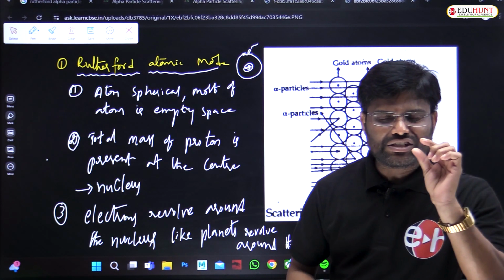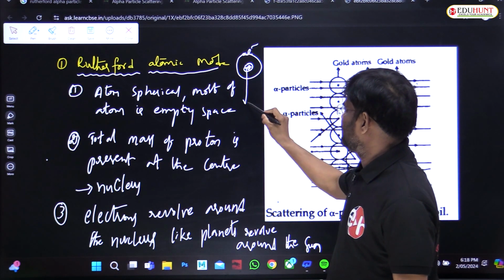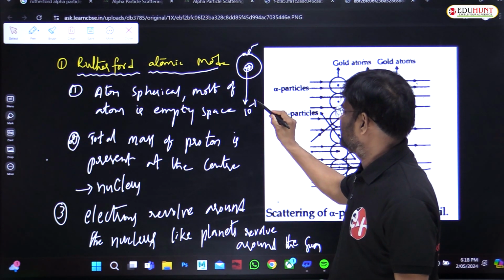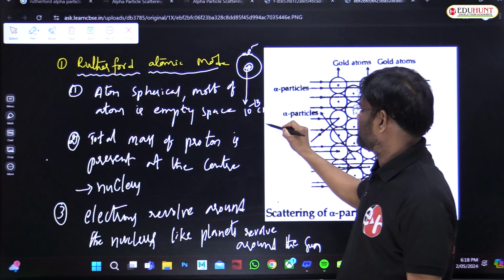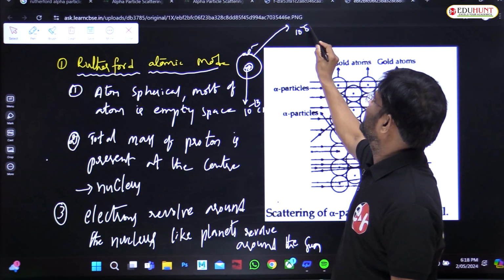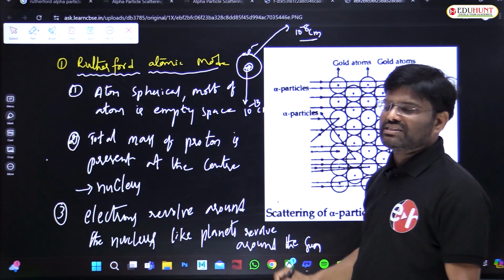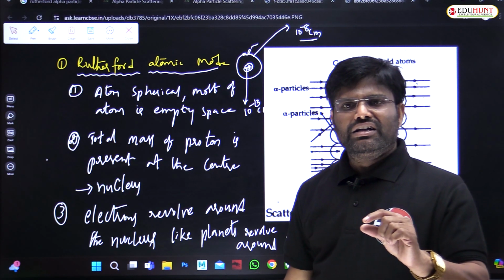See, the size of the nucleus is 10 power minus 13 centimeters, and the size of the atom is 10 power minus 8 centimeters. The size of the nucleus is smaller than the size of the atom.